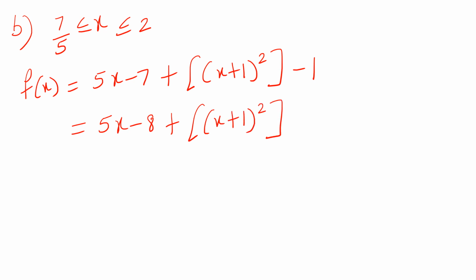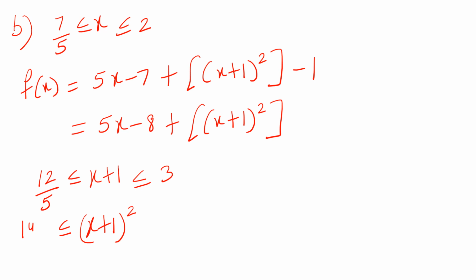Now for this particular interval, x + 1 is greater than or equal to 12/5 and less than or equal to 3. That means (x + 1)² is greater than or equal to 144/25 and less than or equal to 9. Now students, between these two values 144/25 and 9, three integers occur and they are 6, 7 and 8.